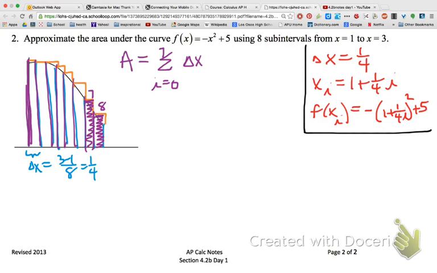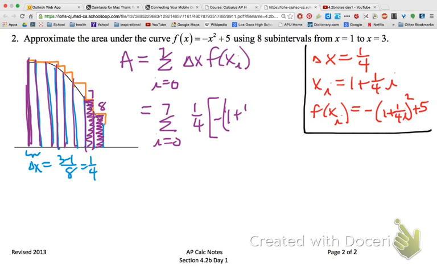And of course I have delta x and f of x sub I. So now when I sub in, it looks very similar to the last one. Again, the only difference being my lower bound and my upper bound. And I'm going to work this all the same way. I'm going to pull that 1/4 to the front, because it goes with the whole thing.